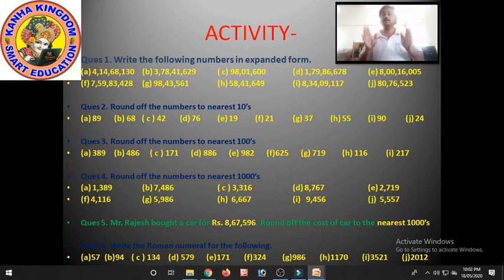But if the hundreds place value is 5 or more than 5, then again the hundreds, tens and ones place values are converted into 0, and the thousands number is added with 1, and the rest of the numbers are the same. Okay, so don't panic, be free of mind, and solve these types of questions.